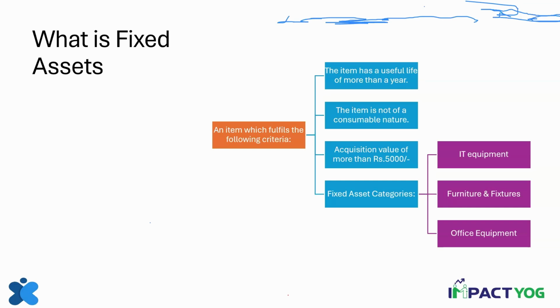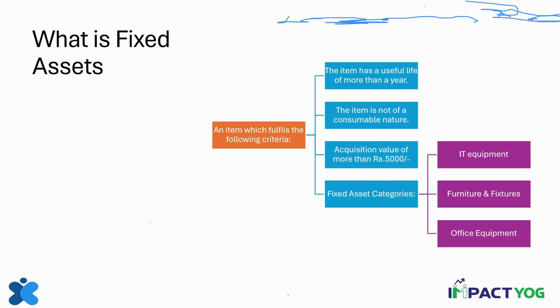But we have a lot of assets which we purchase, which are IT related, which are related to our day-to-day work: our furniture, our fixtures, our fans, our partitions, our equipment in the pantry, our equipment in the kitchen, our refrigerator, our oven.